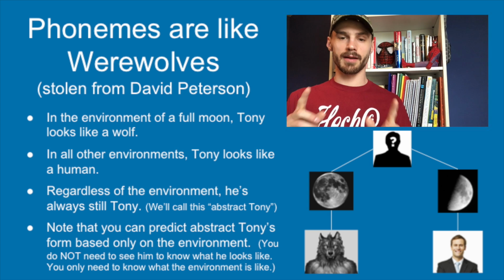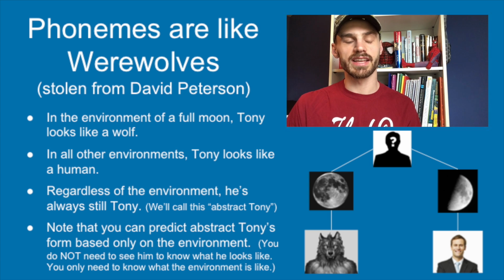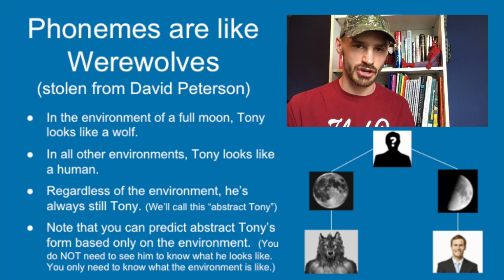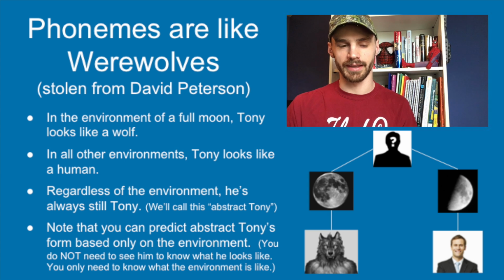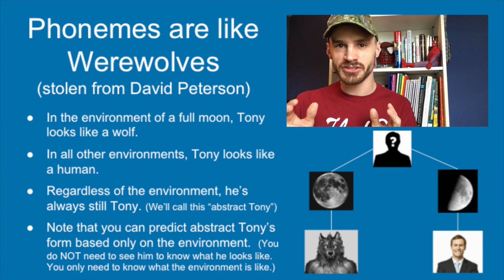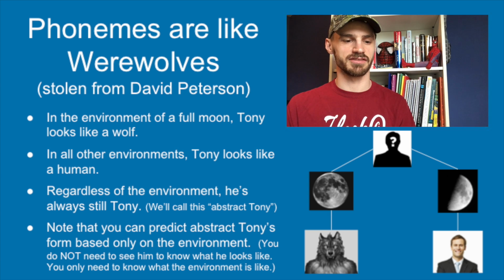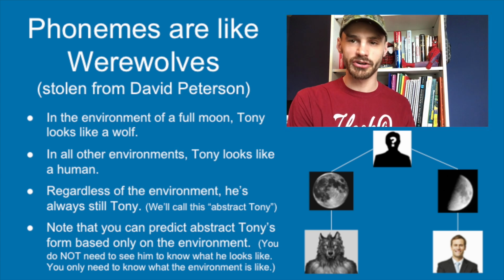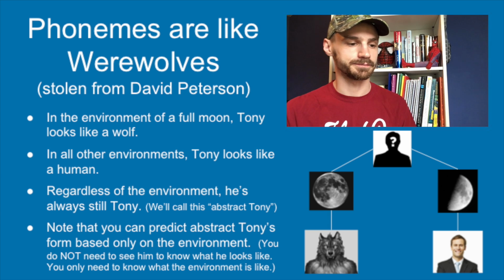Now, it's important to remember that regardless of the form that he takes, regardless of what he looks like, Tony is always still Tony. And we're going to call this abstract Tony. So we could say that abstract Tony is a collection of the various physical manifestations of Tony. You have wolf Tony, you have human Tony, but they're always still Tony.